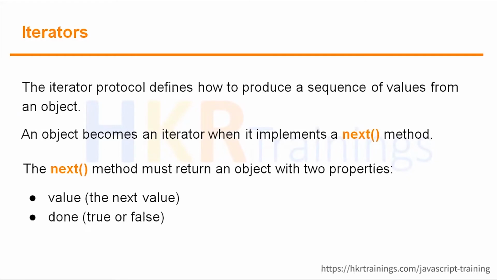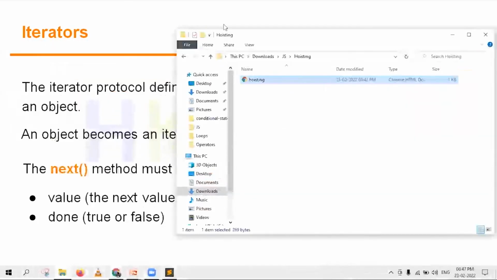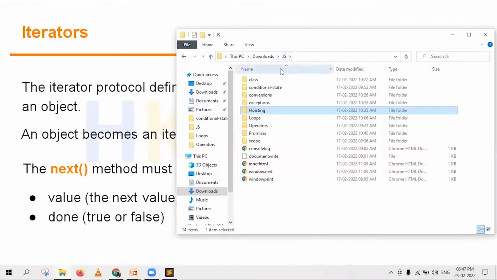I mean, the whole thing will be considered an iterator. If you are specifying it as next, we will get two values in return: either a Boolean value, true or false, or the value which is specified in that method or function. So that is one thing regarding iterators.